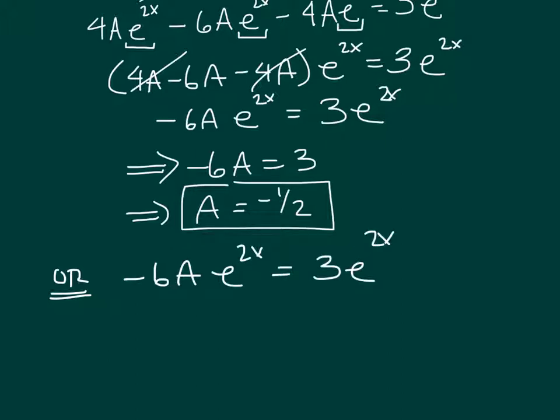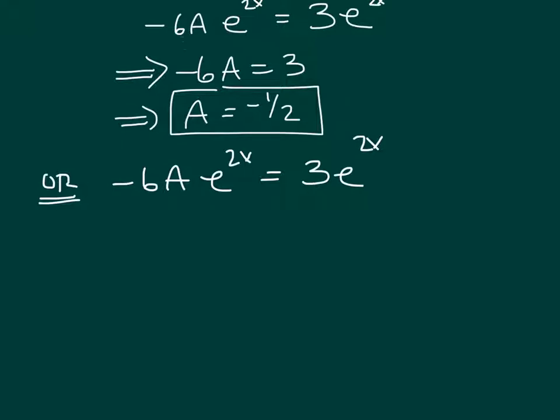Another way of thinking about it is we know that the function e to the 2x looks something like this. Remember, there's a horizontal asymptote right here. This is not the best graph, but it starts very slow and then it just explodes.